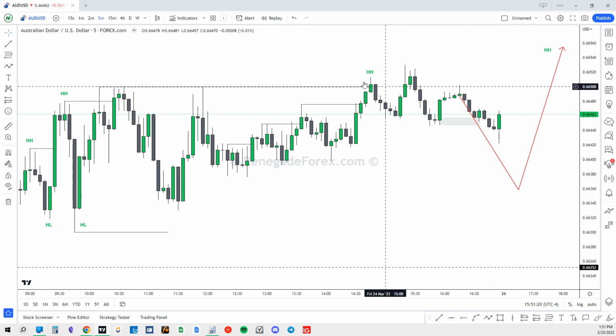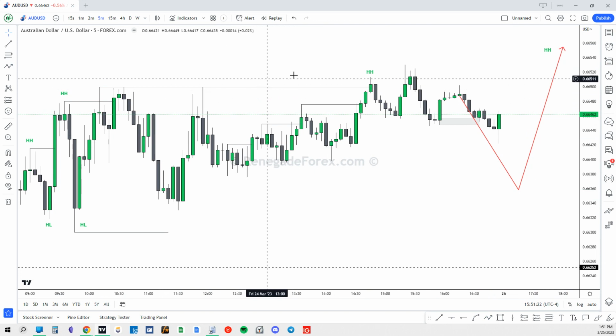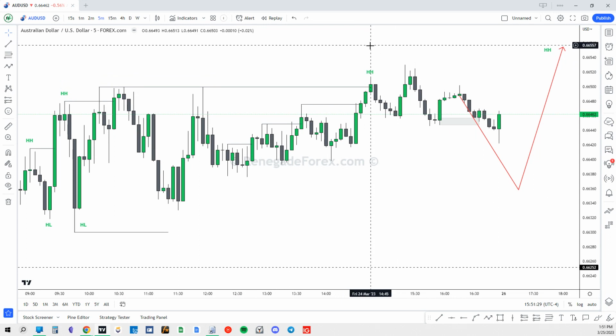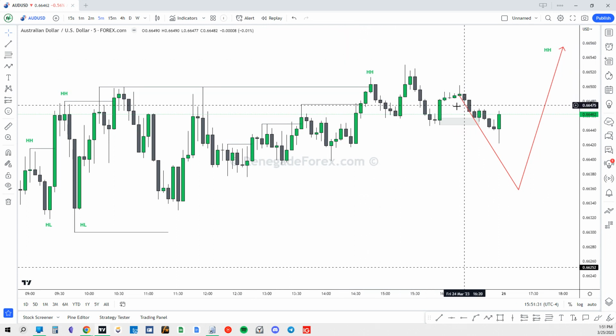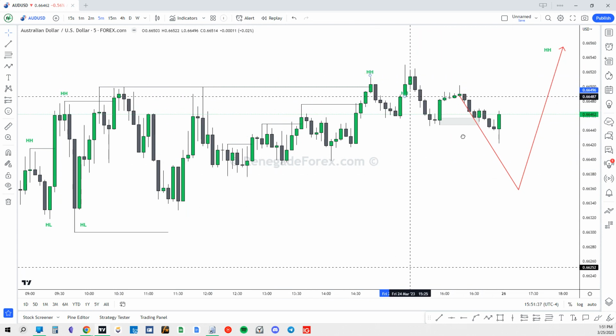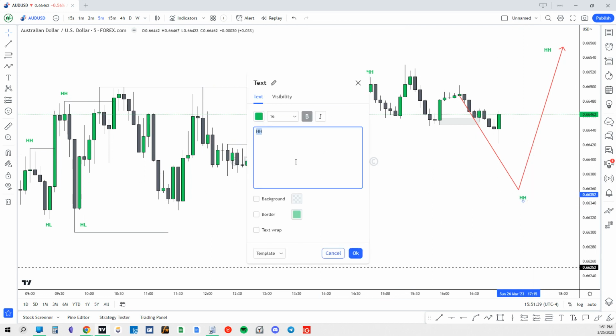At this point in time, I'm not going to mention any other concepts that make this less likely to happen because of higher time frame analysis and stuff. We just can assume that without any other confluences this is what's going to happen. And so just to mark this really quick, a higher low right here.